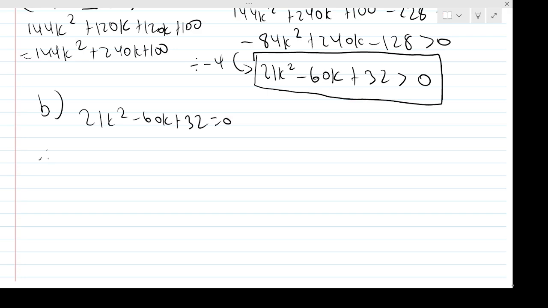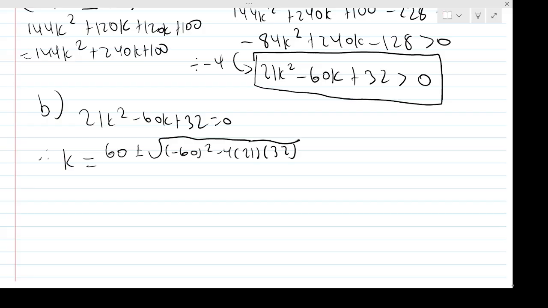Therefore, if we solve by the formula, then k would be plus 60 plus or minus the square root of minus 60 all squared minus 4 lots of 21 of 32, all over 2 times a, that'd be 2 lots of 21. Then put that in the calculator or use the solver function at that point.